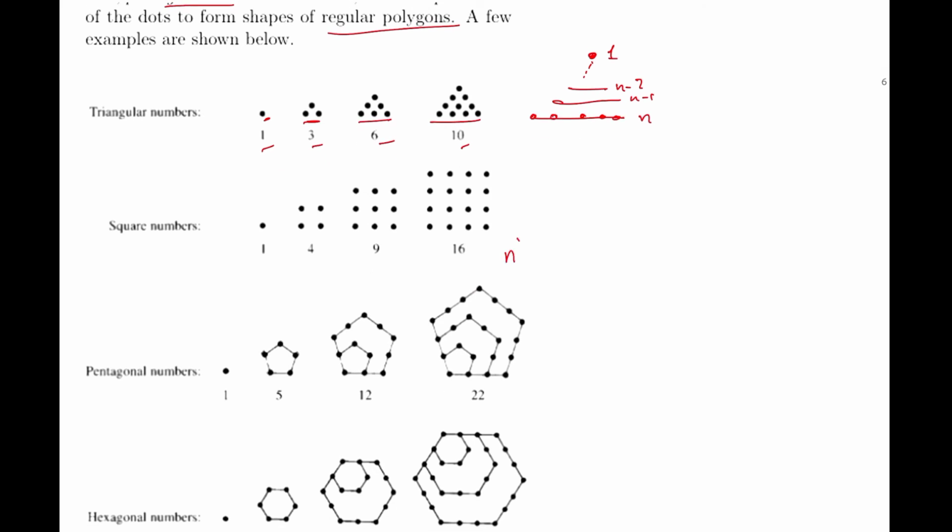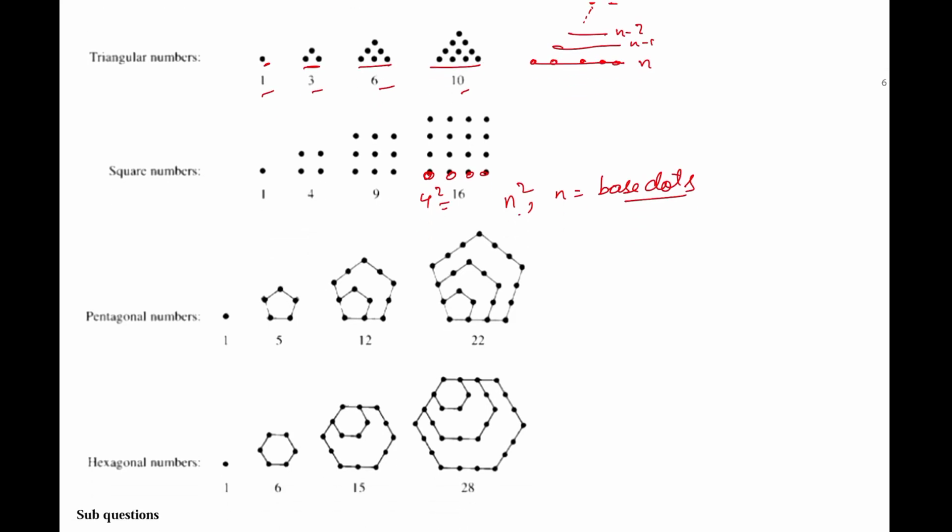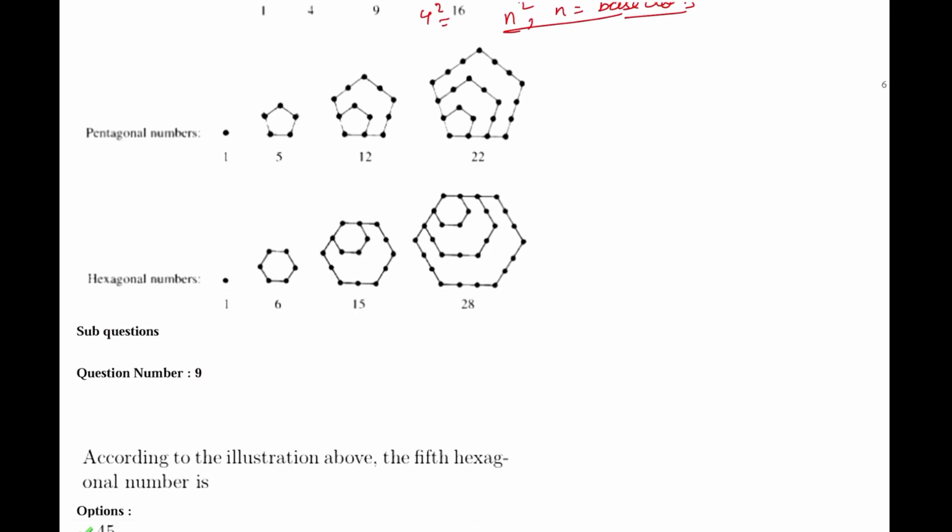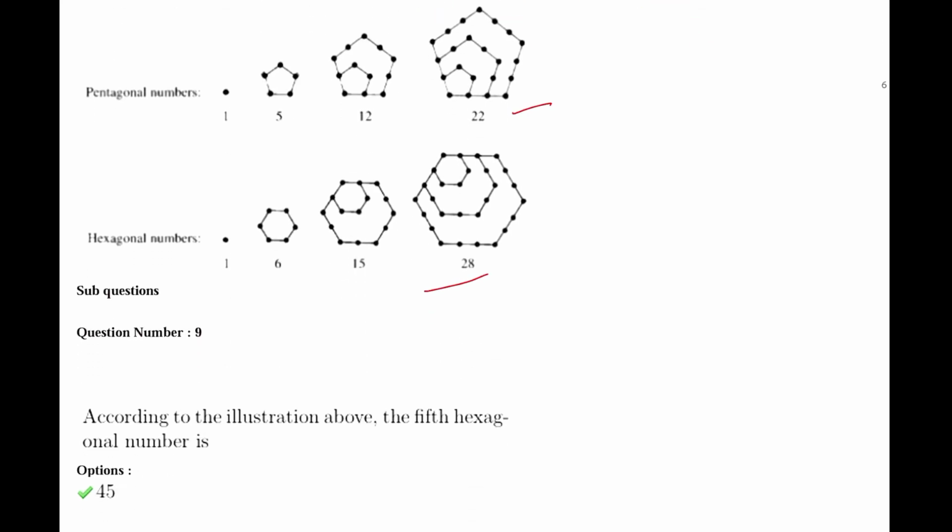In square numbers, which is n square, where n is the base number of dots, which means in the base how many dots you have, 4 dots, a square is 16. So like this you can have these kind of polygons. And similarly you have pentagonal, hexagonal numbers.